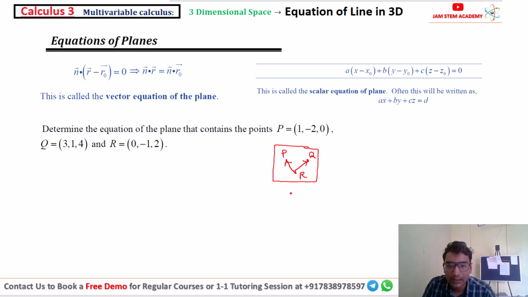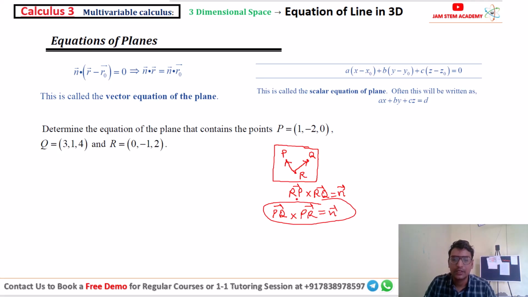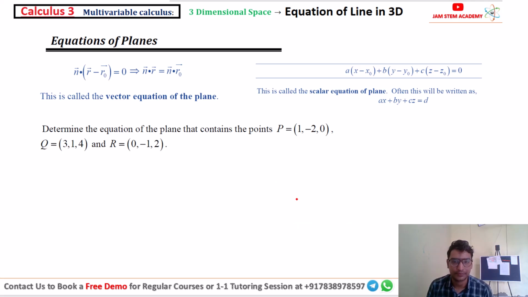If I take the cross product of the RP vector with the RQ vector, I will get my normal vector. You can choose any vectors, for example PQ cross PR. This gives me my normal vector. So basically we need to form two vectors using these 3 points and take their cross product, and hence we will get our normal vector.